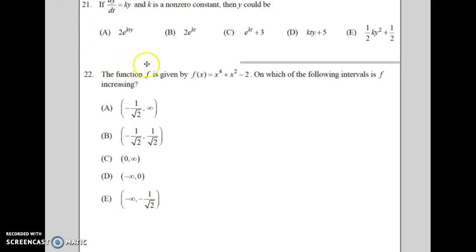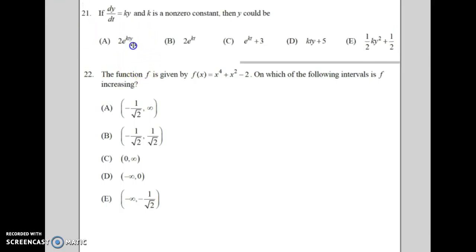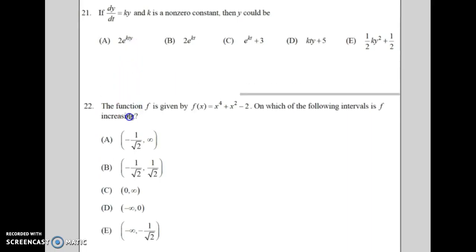All right, 21. All right, this is popular. It shows up again, I believe, in question 84. You have to do separation of the variables. So you'd have dy, and put the y underneath, equals, keep the k where it is, and then you'd have dt.